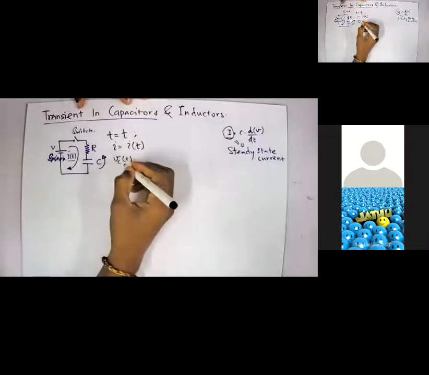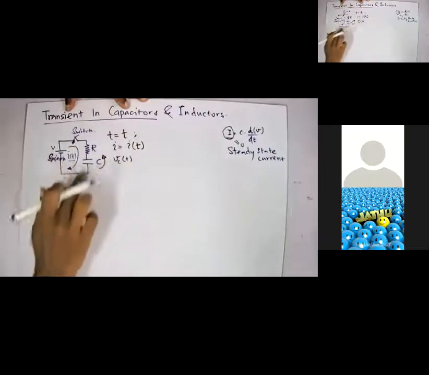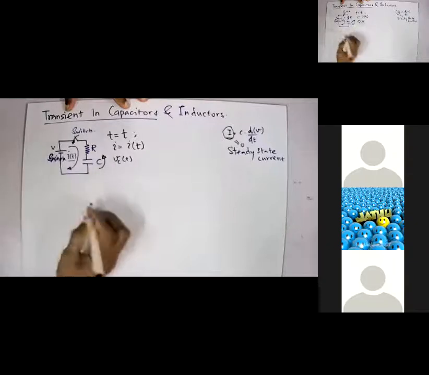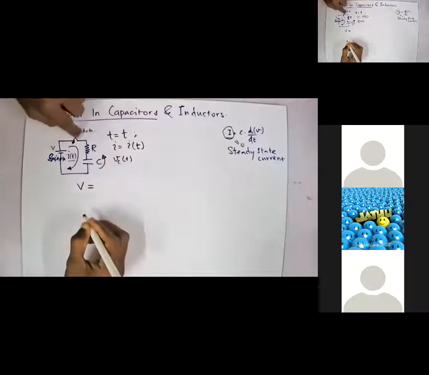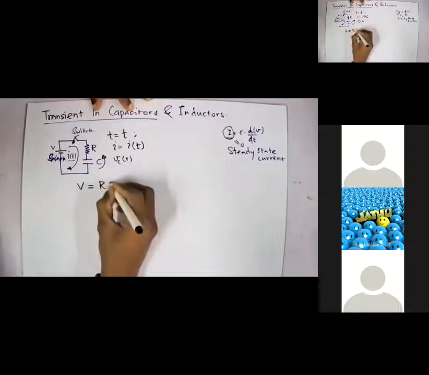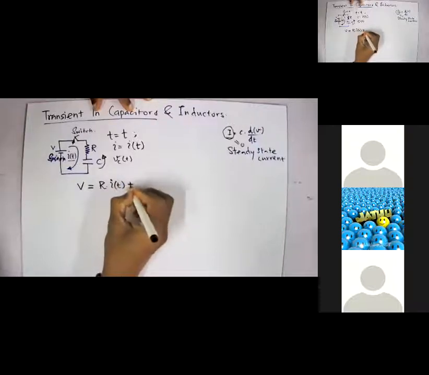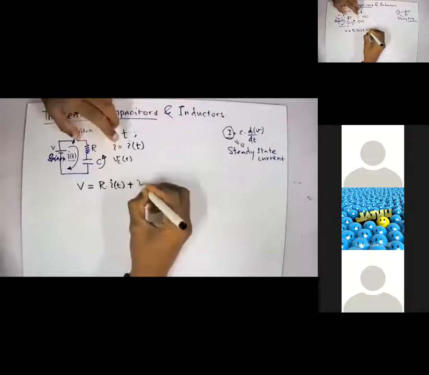Now I close the switch and apply Kirchhoff's voltage law. I have only one voltage source, V, and that is equal to I of t into R plus the voltage across the capacitor, Vc of t.